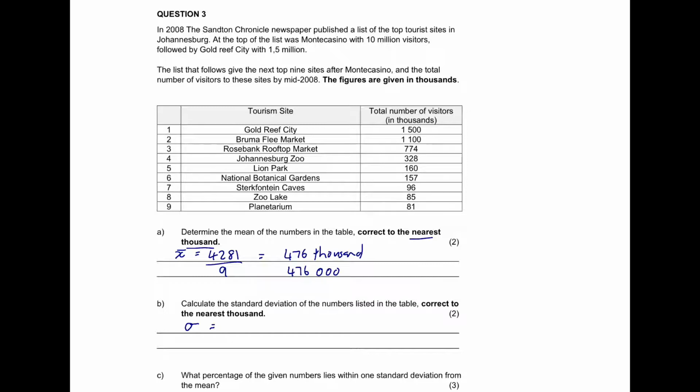Then you press Shift 1, and you go to menu 4, which is variance, VAR. Press 4. And you're then looking for 3, which is your standard deviation. So you press equals. The standard deviation is 494.8 thousand. So you want to round that to the nearest 1,000, which is then 495,000.